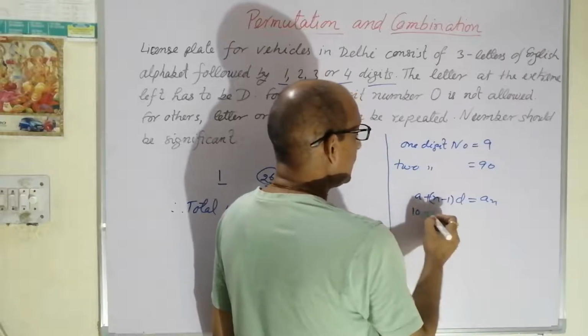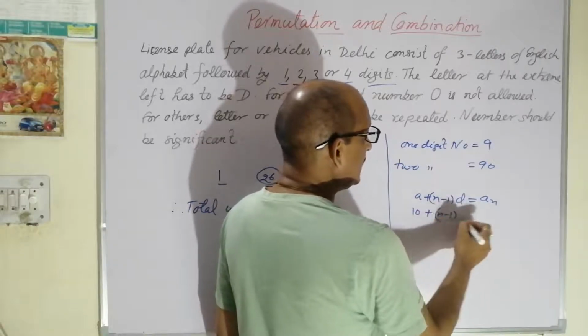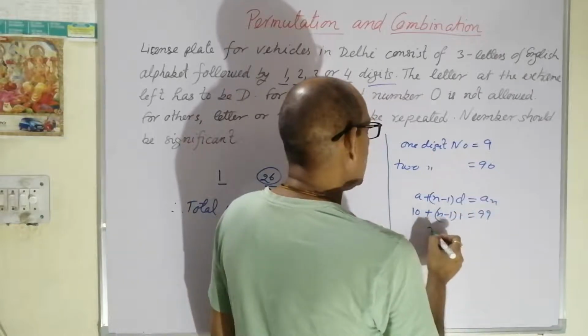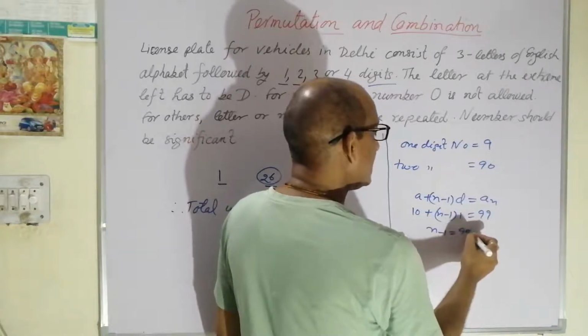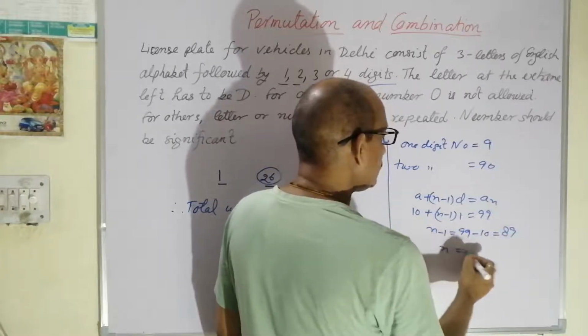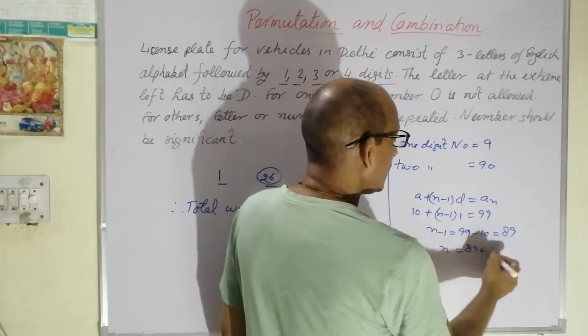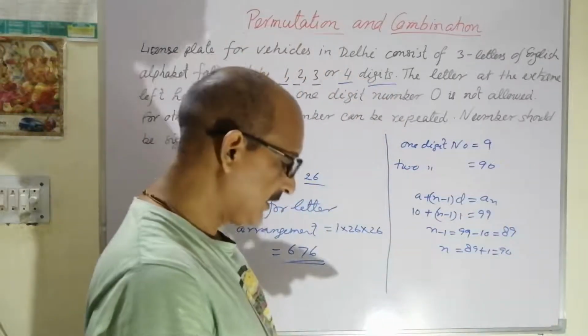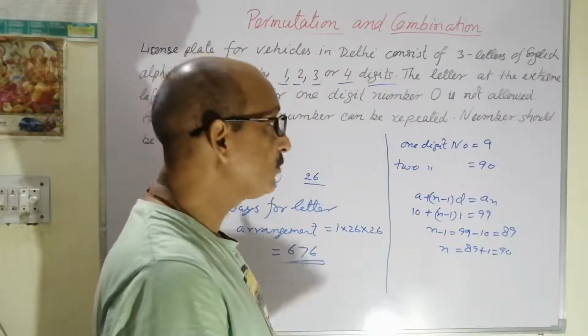So A is 10, plus n minus 1 into D, where D is 1, equals 99. So n minus 1 is equal to 99 minus 10, that is 89. So n is equal to 89 plus 1, that is 90. So 90 numbers are there which are two digit numbers.